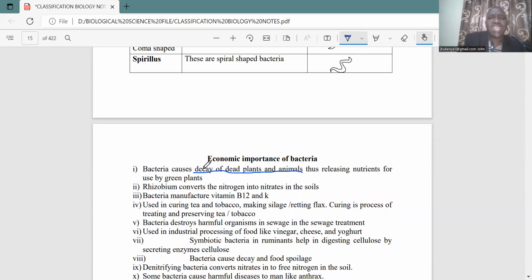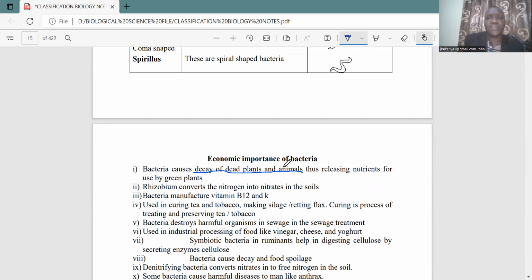Because when the dead bodies of plants and animals decay as a result of being fed on by the bacteria, the nutrients which are locked up in their bodies are released back to the natural ecosystems to be reused by the living plants and animals, by the living organisms.